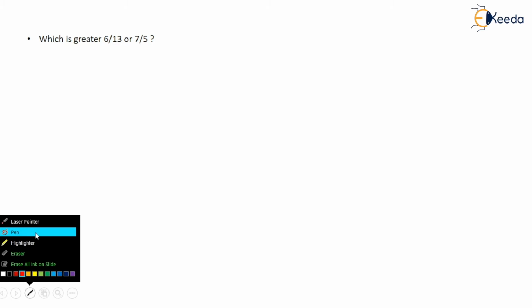So here is a question: which of the following numbers is greater, 6 by 13 or 7 by 5? You can see that there is a difference in the denominators, right? So you have to make the denominators the same. If I multiply 13 by 5, I get 65, right? If I multiply the denominator by 5, the numerator should also be multiplied by 5. Similarly, 7 by 5, I have to make the denominator 65, so I will multiply it by 13.